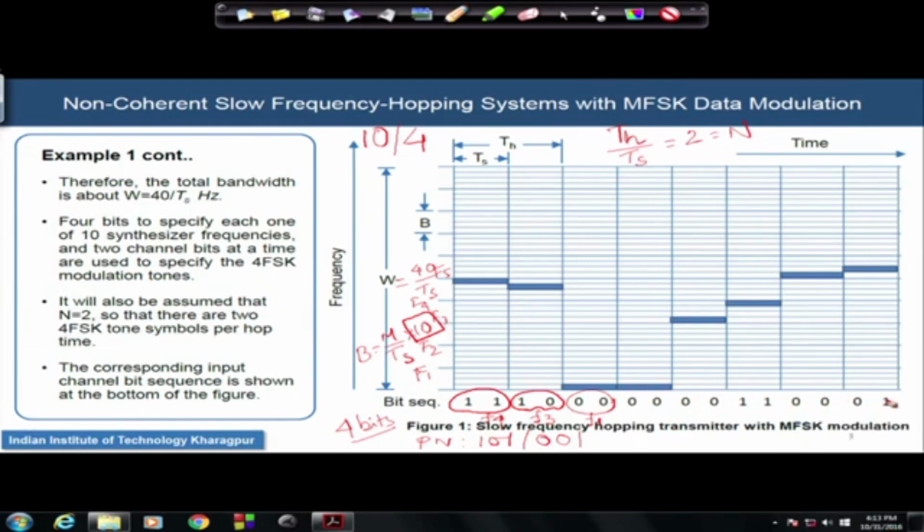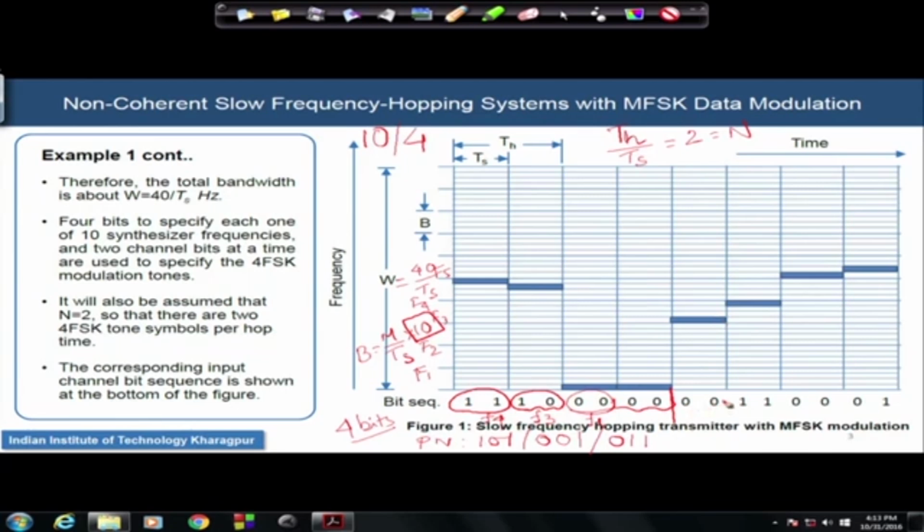Like that, if you proceed, you will be able to see that for these 2 tones, the synthesizer frequency has not changed, so the channel has not changed. Here the channel has changed, so the PN sequence has generated the equivalent number 011, which is choosing the channel number 3.